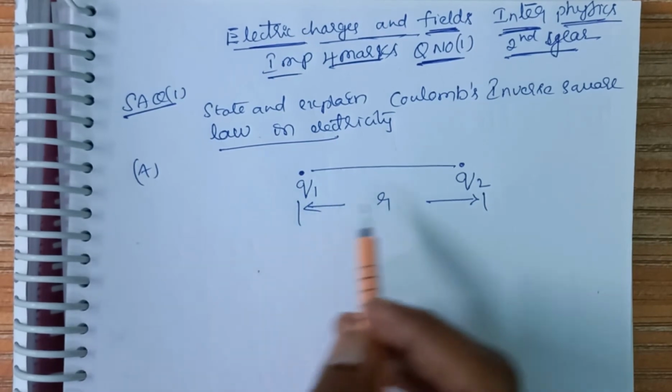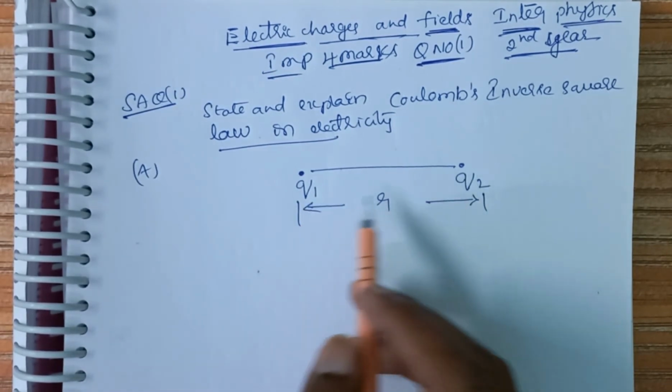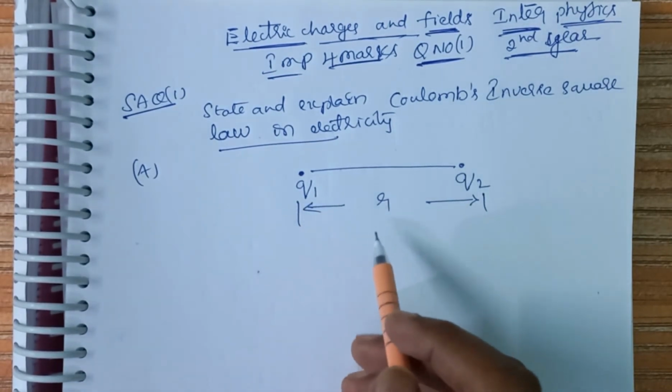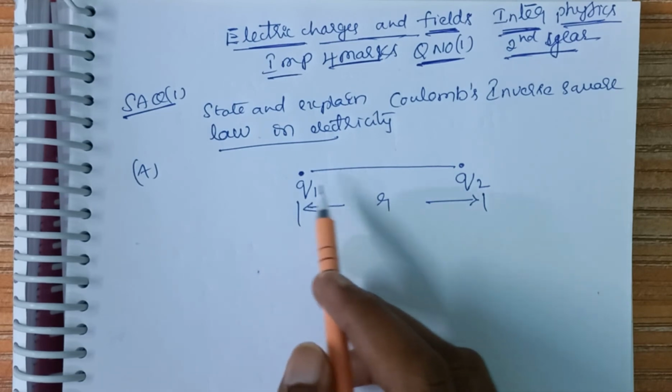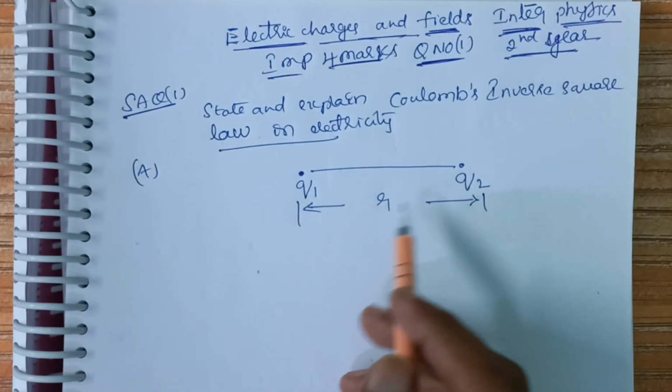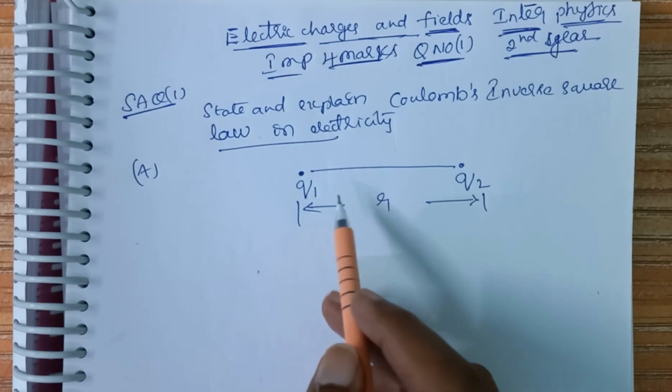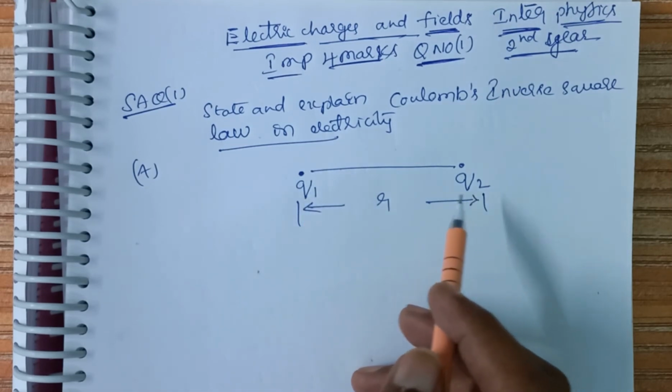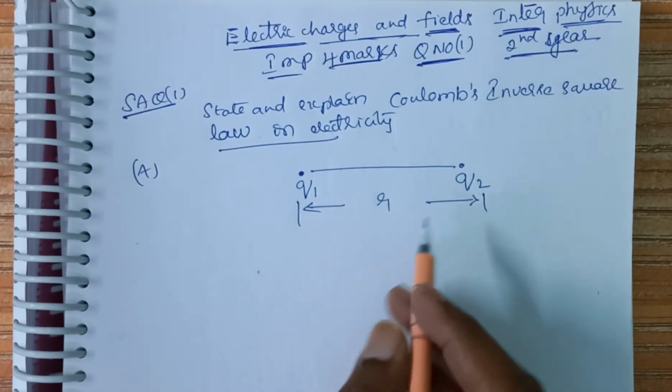So first, Q1 and Q2 are the two stationary point charges, and the distance between them is r.